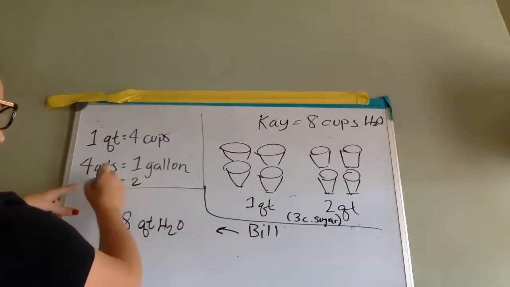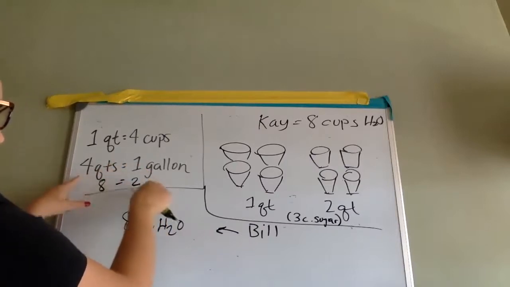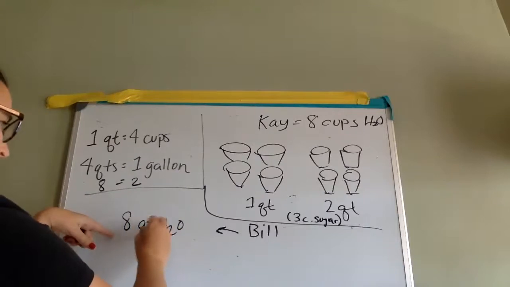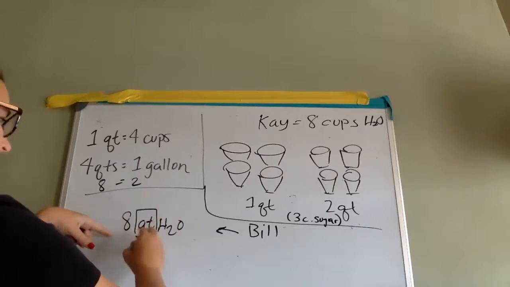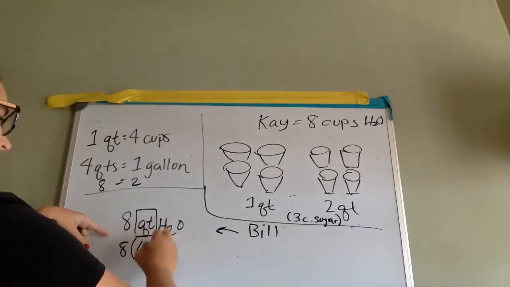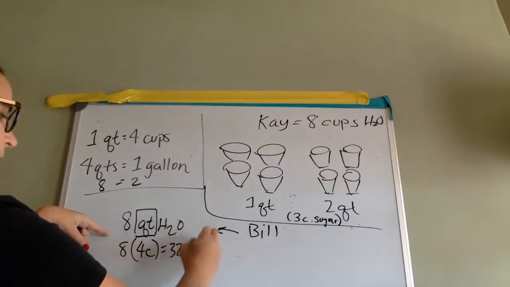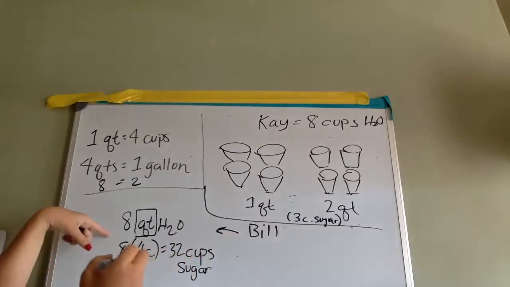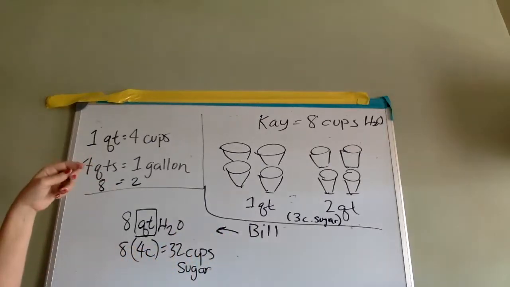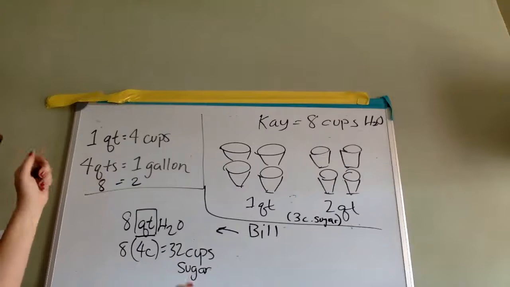So 2 and 8 would be multiplying this by 2. And we know a quart is 4 cups. So he has 32 cups of water. So now we can compare cups and cups, basically.